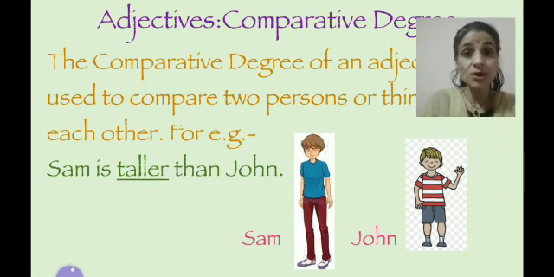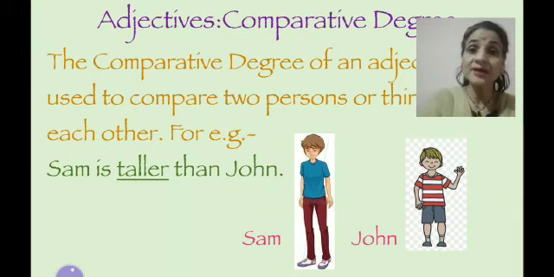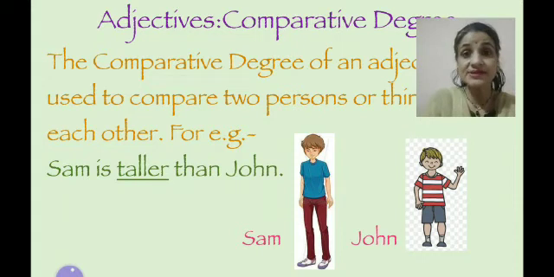So who is taller? Sam. So Sam is taller than John. We are comparing Sam and John in the category of height. So here the adjective is taller, but it is used in comparative degree.